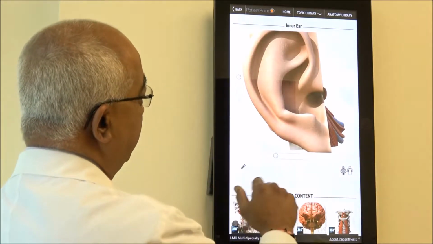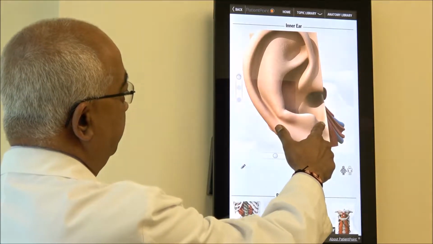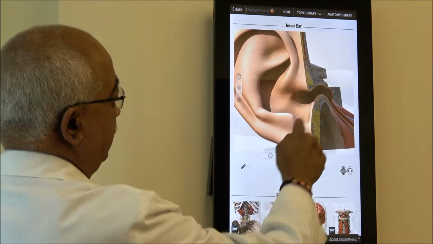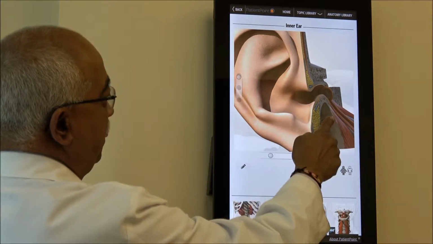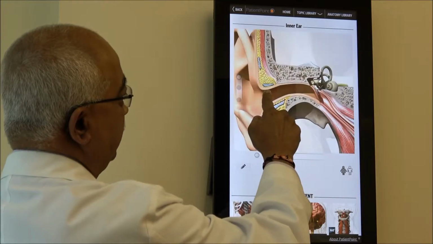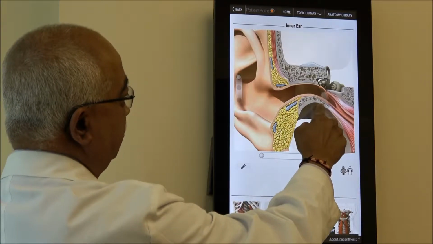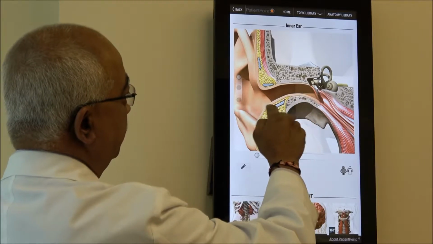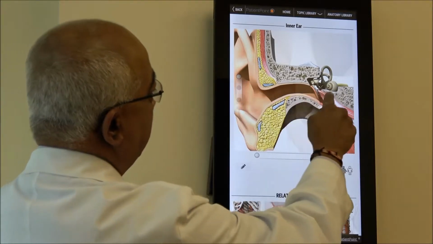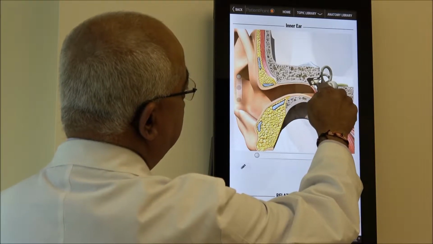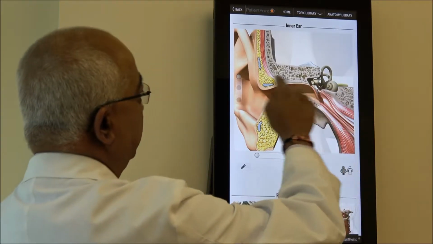You have the external canal here, and then it goes on all the way to meet the eardrum. And behind the eardrum is the semicircular labyrinth.